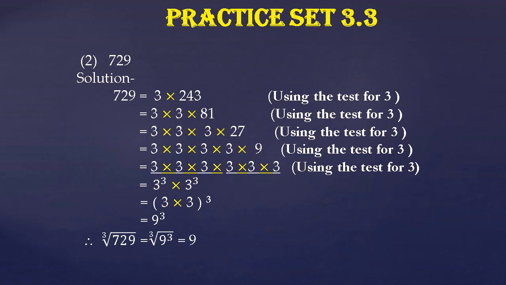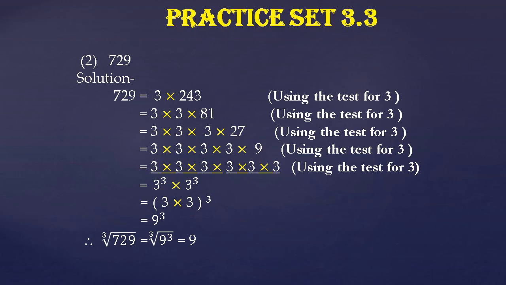That is equal to 3 into 3 into 3 into 27, which is equal to 3 into 3 into 3 into 3 into 9. 9 can be further divided into 3 into 3. Therefore, we will get 3 into 3 into 3 into 3 into 3 into 3.